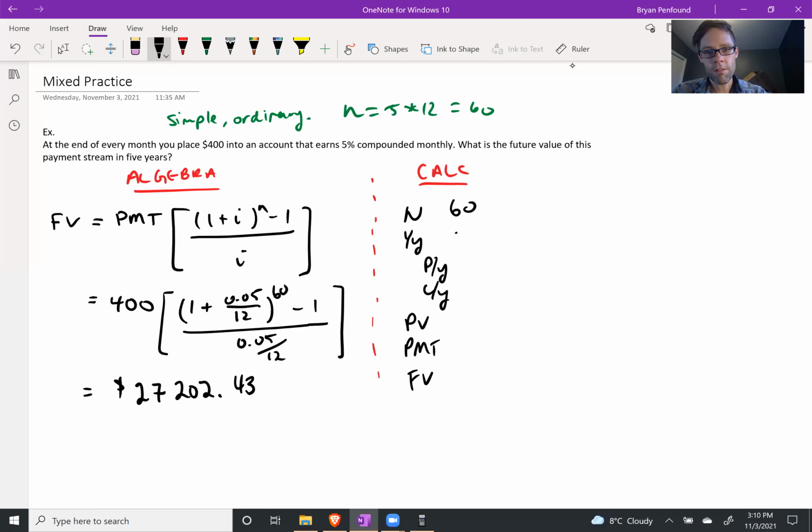We have a 5% compounded monthly interest rate, and payments that are happening every month as well. Let's assume that we don't start with any money inside of our account, so the present value is 0. And then we're putting money into the account, so I'm going to interpret that as a negative 400.